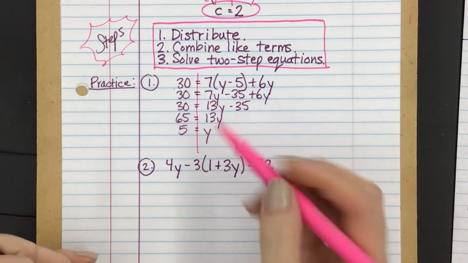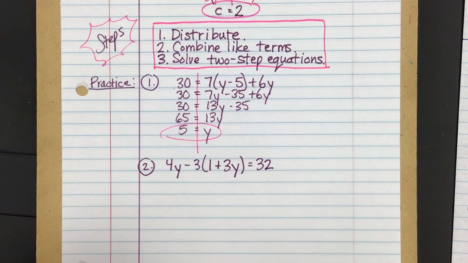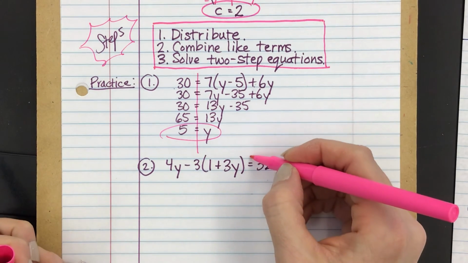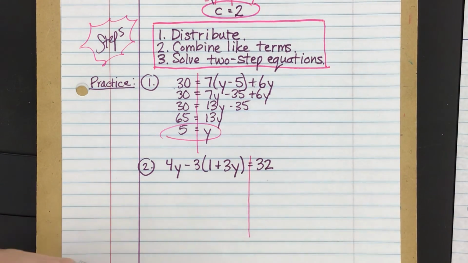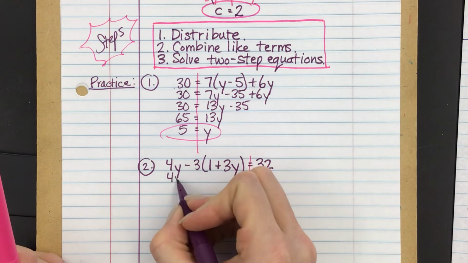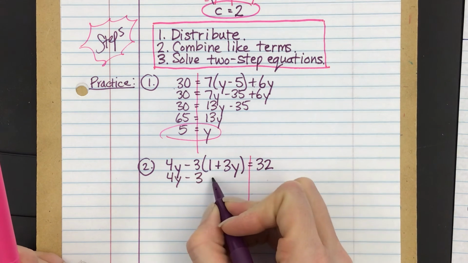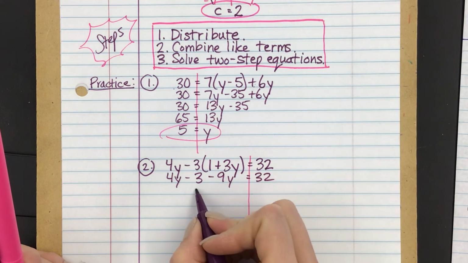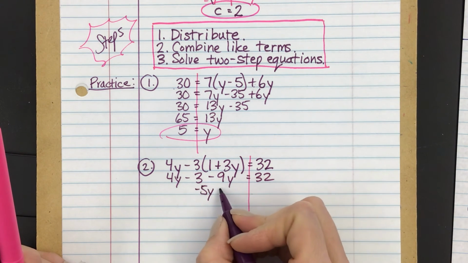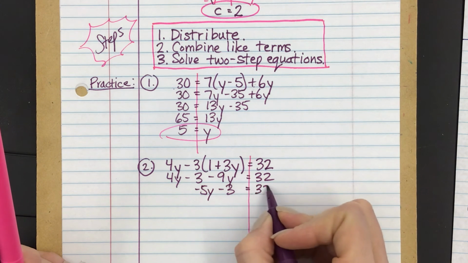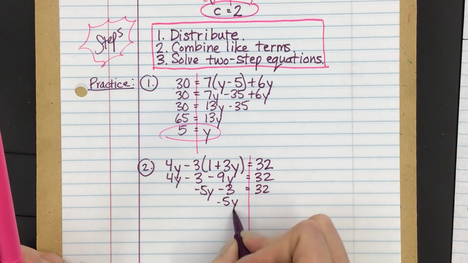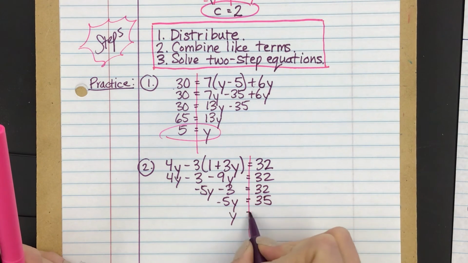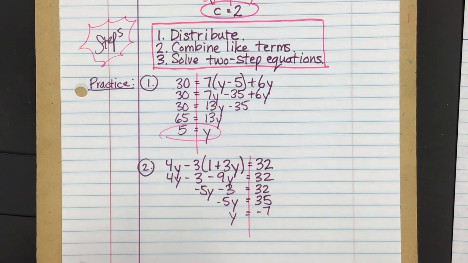What did you get for the second one there? -7, okay. I do skip steps on this because I've been doing this for a long time. All right, good. I got -7 as well.